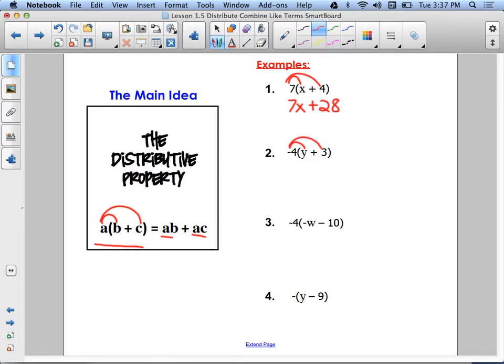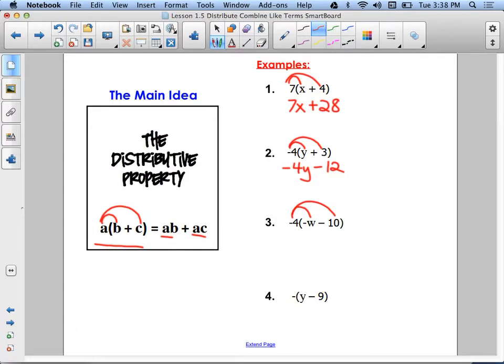Negative 4 times y is negative 4y. Negative 4 times positive 3 is negative 12. And we stop there because, again, we can't combine like terms because we have a variable expression and a constant, which cannot be combined.